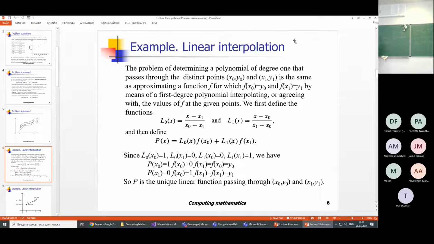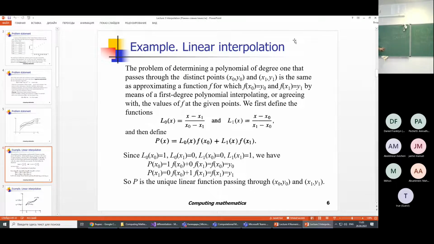L0 of x equals x minus x1 over x0 minus x1. Derivative. These are constants.